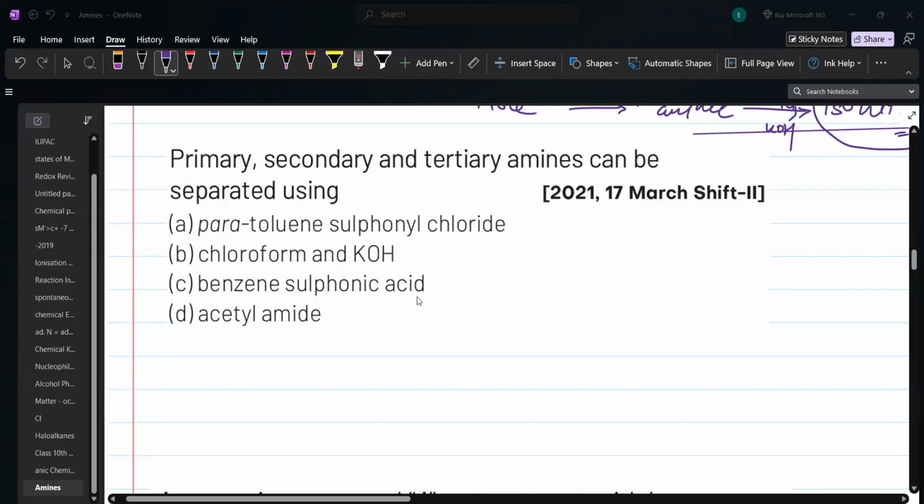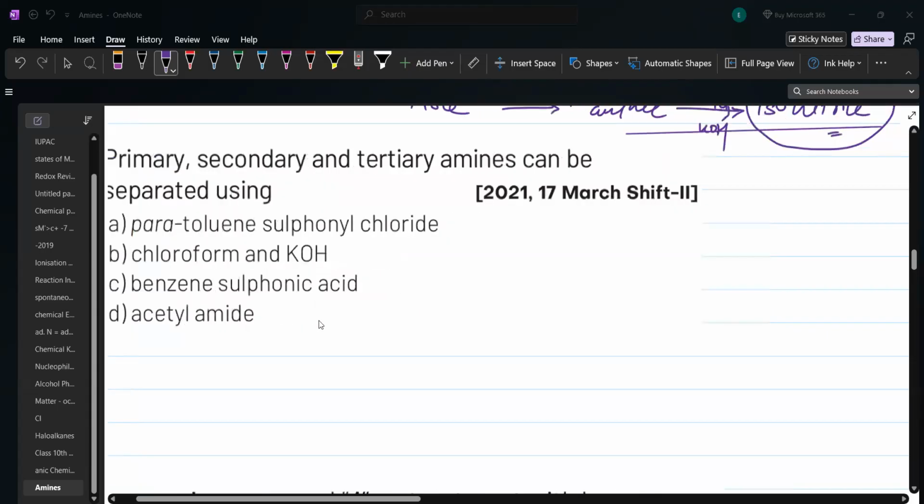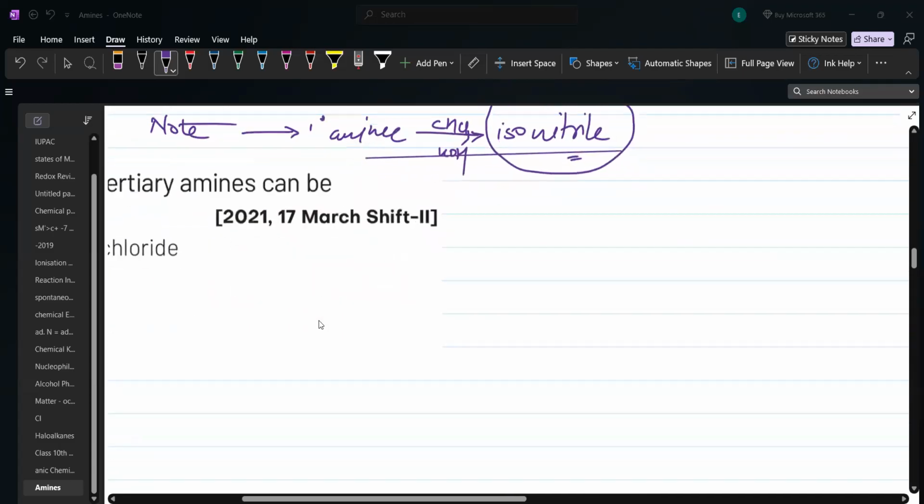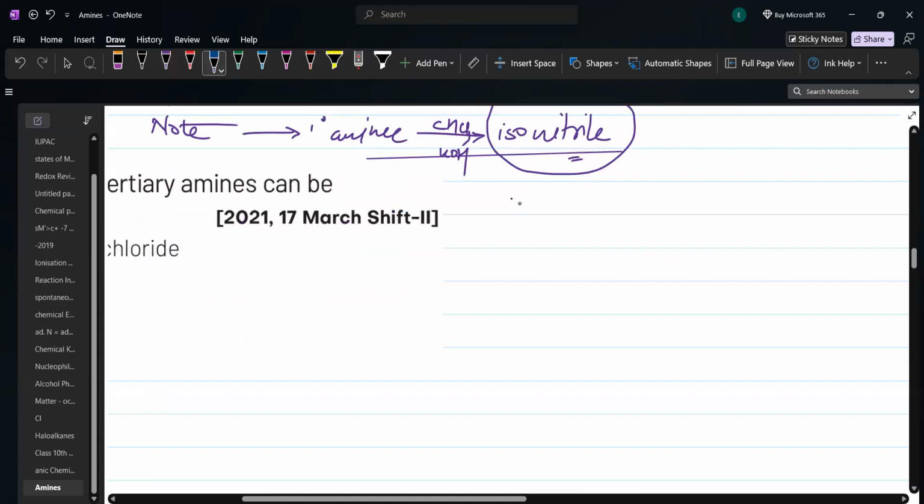Do you remember Heisenberg test? Sir, which one? Heisenberg test. No, sir, I don't remember. Okay, this is very important. It may again come in your exam. Heisenberg test.